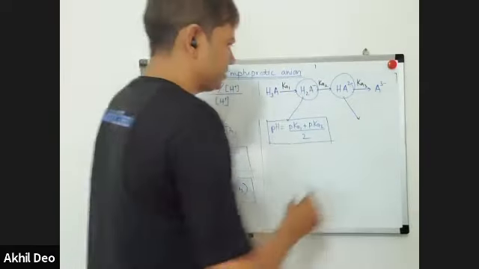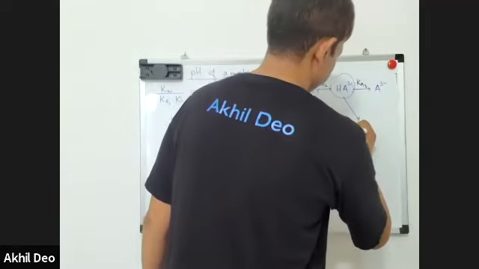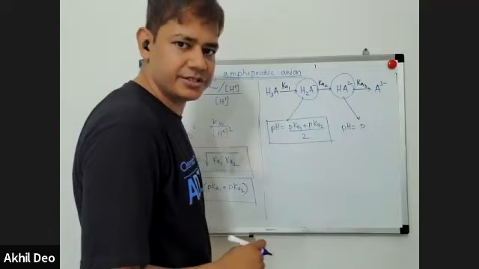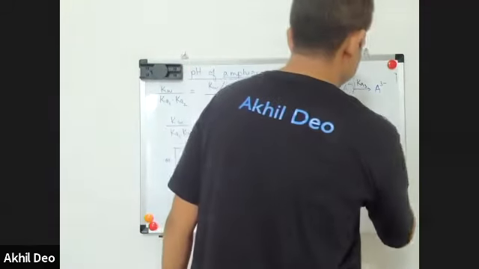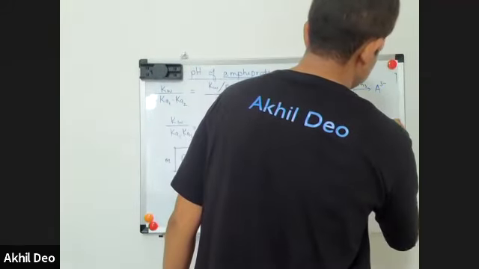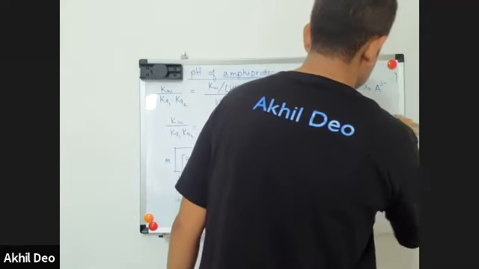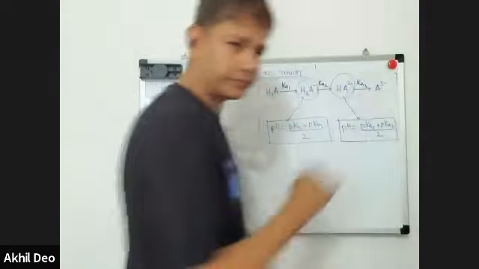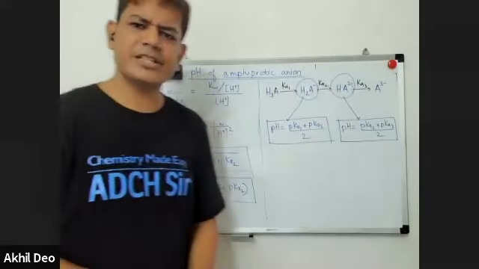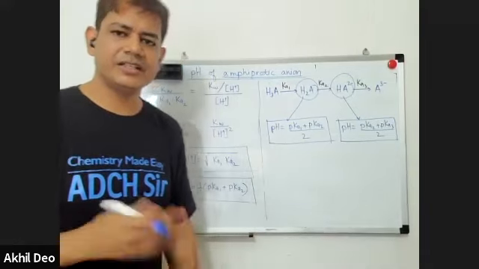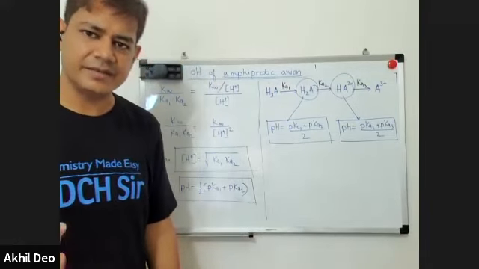And for HA2 minus, the pH will be equal to the average of previous and the next ionization constants, so it will be equal to pK2 plus pK3 by 2. Understood? So this pH expression is independent of the concentration of salt. Whatever be the concentration of salt, the pH expression remains same.